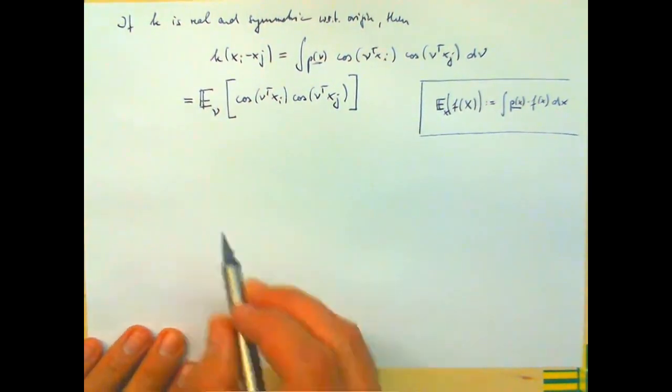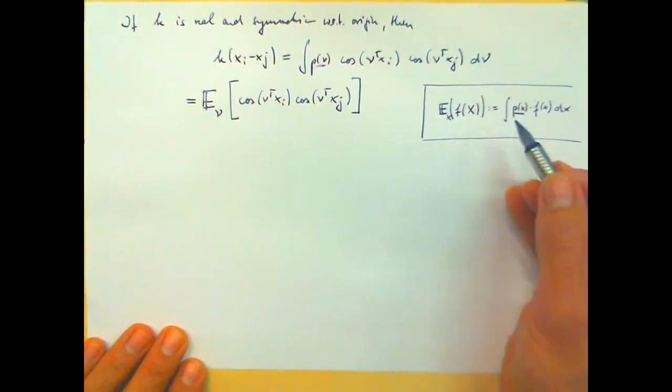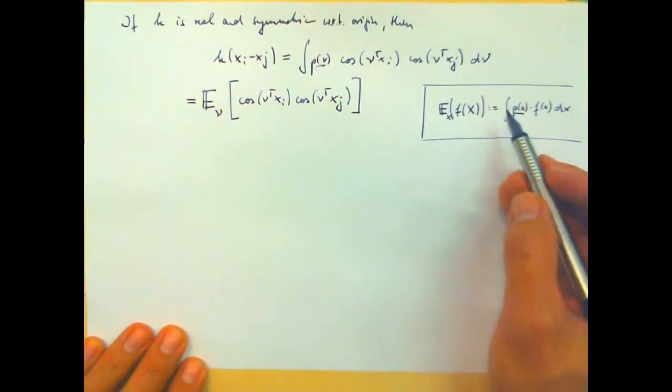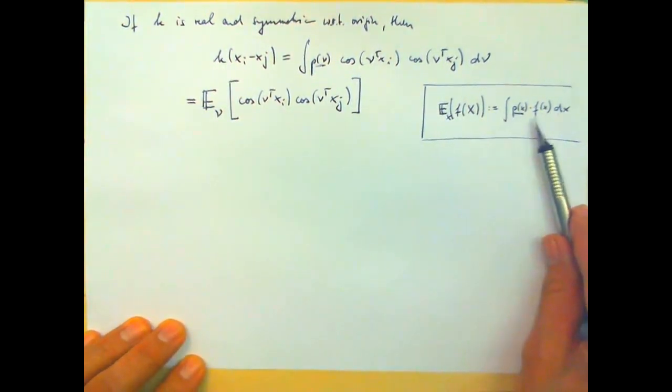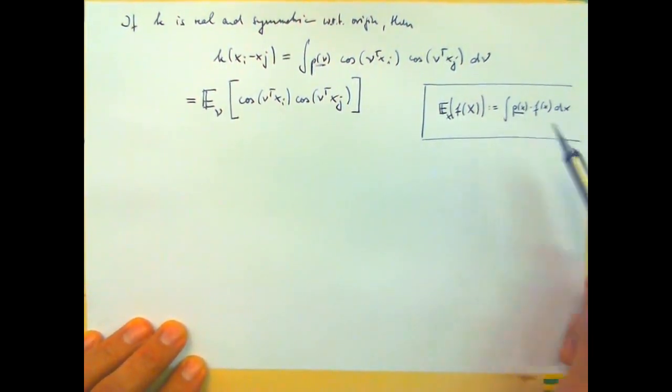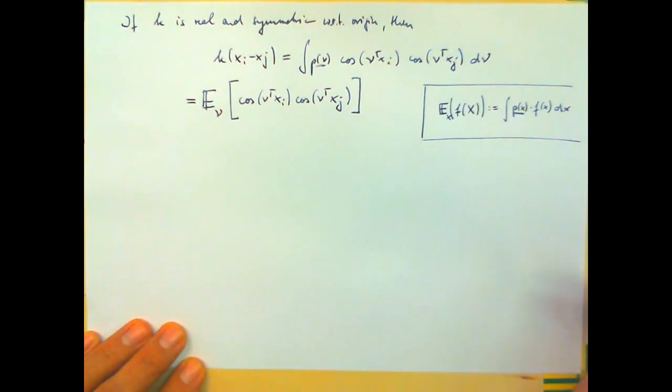And now comes the crucial approximation, namely, if we're interested in an expectation, like if we want to have the mean of a function and we cannot compute it analytically because we don't have the true density, we only have samples that were drawn from the density, then what we do is we approximate this with a sum.